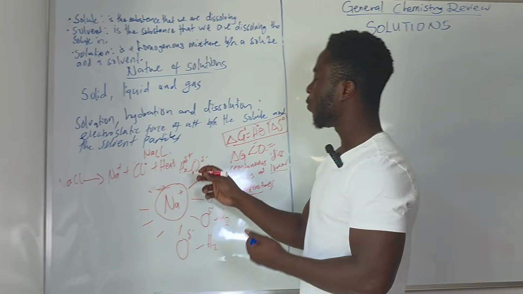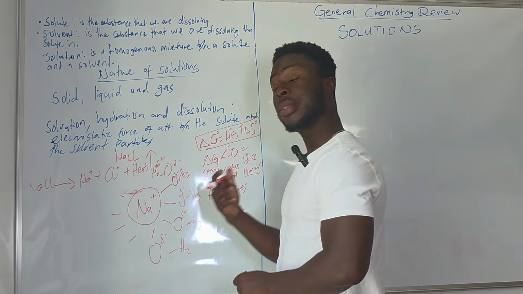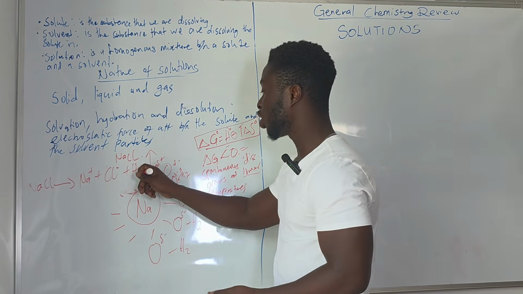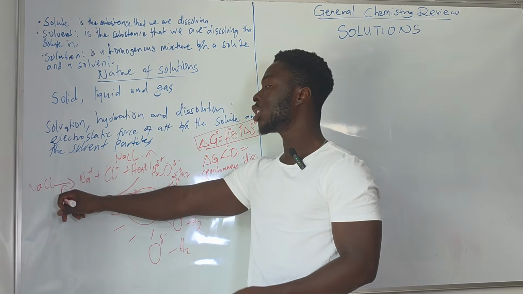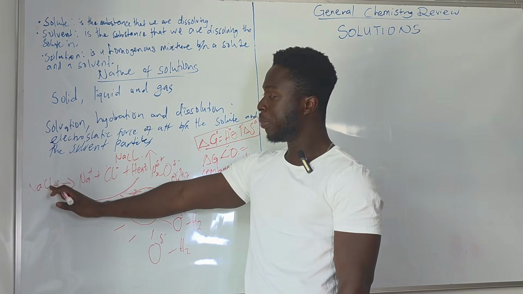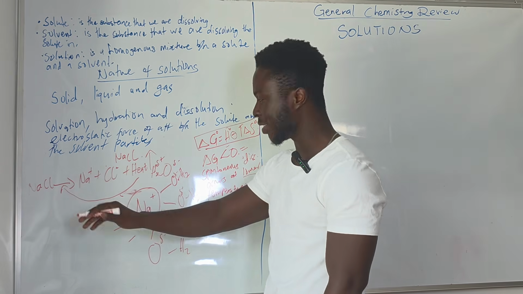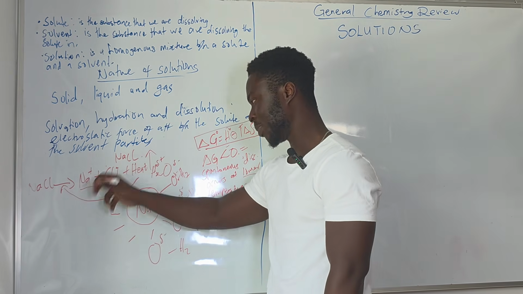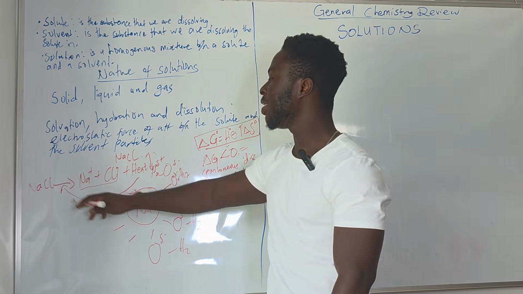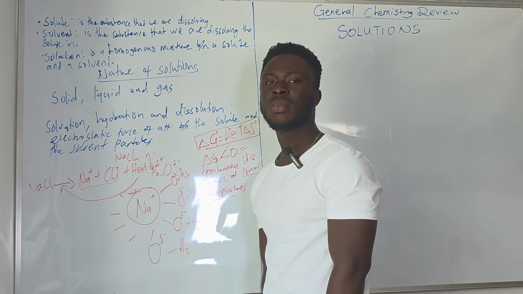So if we increase the heat output over here, then the equilibrium is going to shift to this side, making us produce more NaCl. And us producing more NaCl doesn't favor our reaction, because we want to produce more of this. But if we reduce the heat, that means more NaCl will have to dissociate to give us more heat.